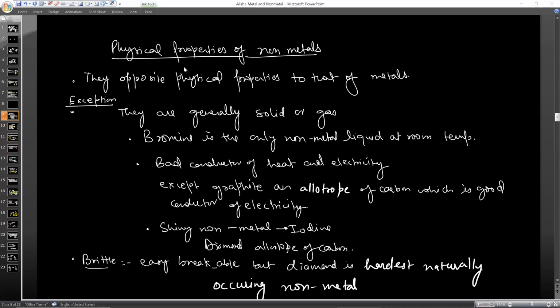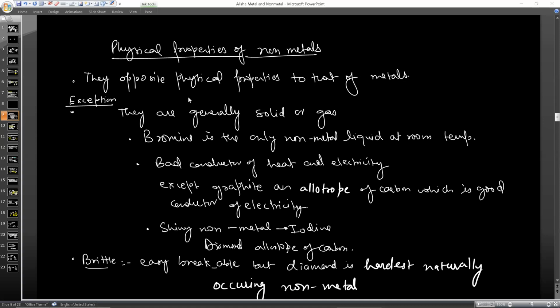If metals are good conductors of electricity, non-metals are bad conductors. But there are some exceptions in non-metals, and we need to understand them easily. For example, metals are solid except mercury, which is liquid.